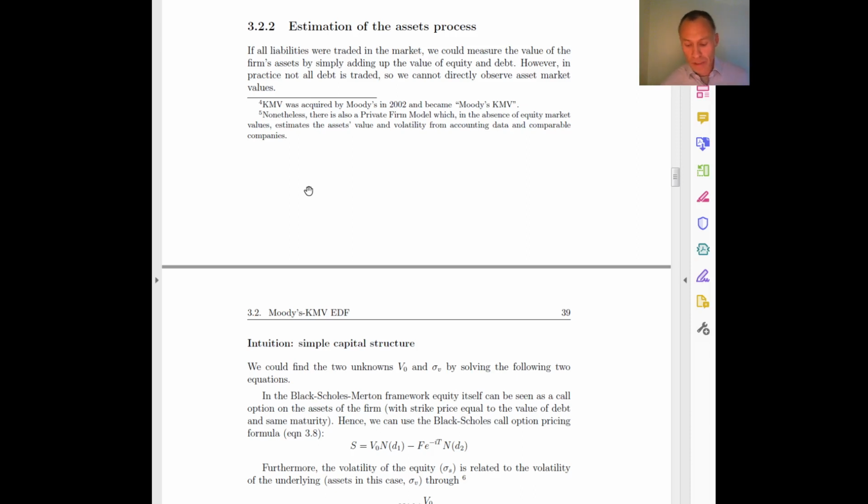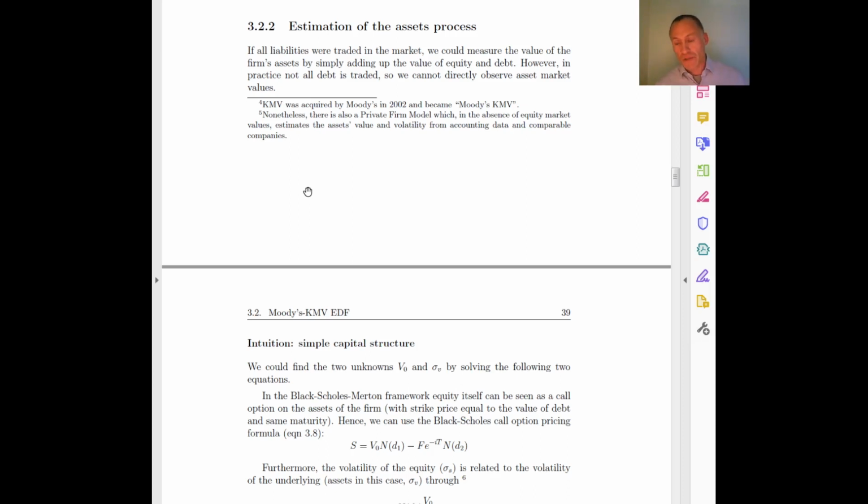That may sound funny at the beginning, because you might think that to observe the value of the assets, and by value I mean the market value, I could just look at the right-hand side of the balance sheet and add up the market values. If the firm is traded, the equity part is okay. If the stock is traded on an exchange, there is a price. I can multiply the price by the number of shares outstanding, and I have the total market cap.